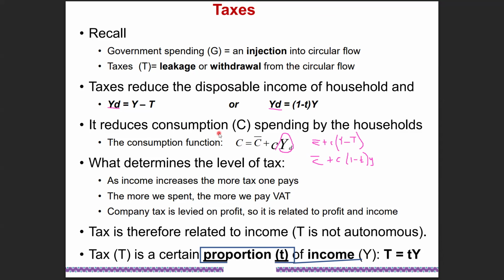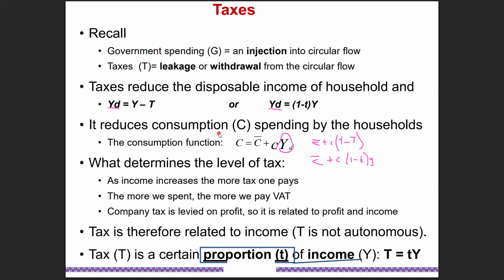Obviously, if the money that is available decreases, it is going to also reduce your consumption, because you can now spend that money on fewer goods. The amount of goods you can buy is less compared to what you would have been able to buy if there were no taxes.